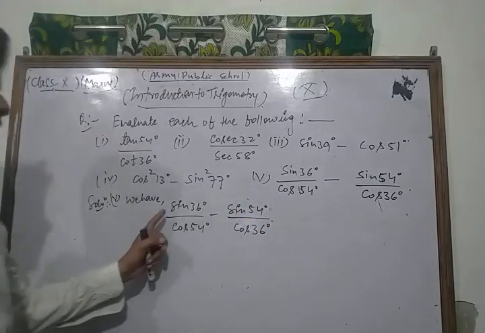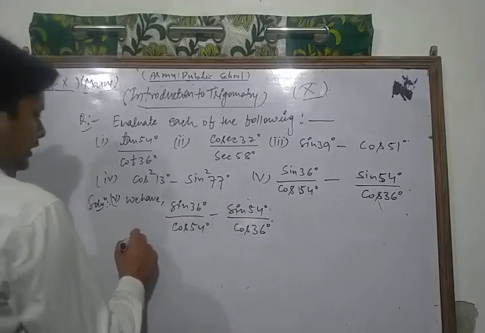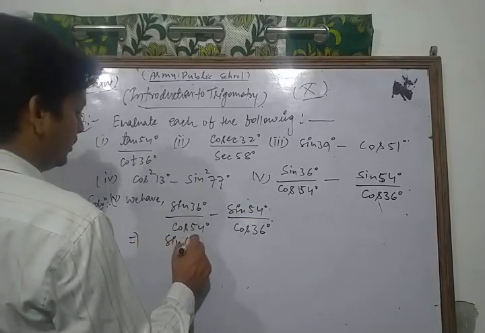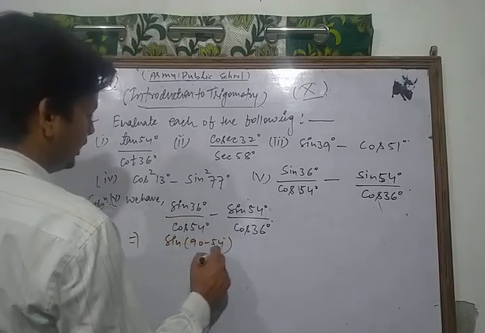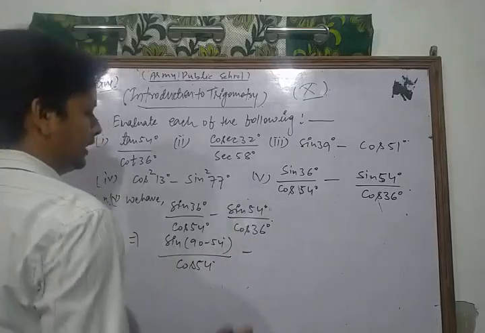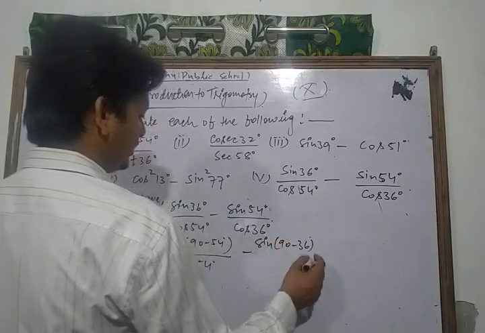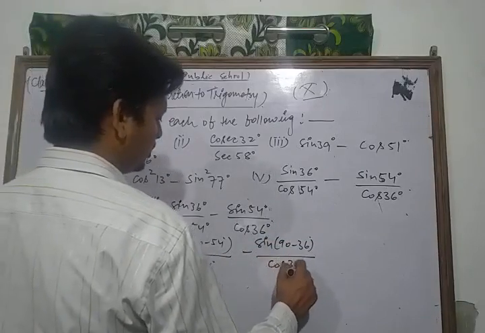Now we can convert, both are complementary to each other, so we convert one of them. So we can write sine 36 as sine (90 minus 54) degree, and we write cos 54 as it is. Minus we write sine 54 as sine (90 minus 36) and cos 36 degree, right as it is.